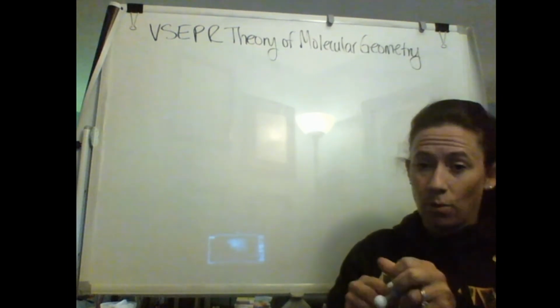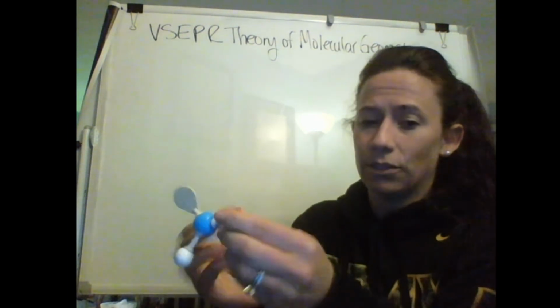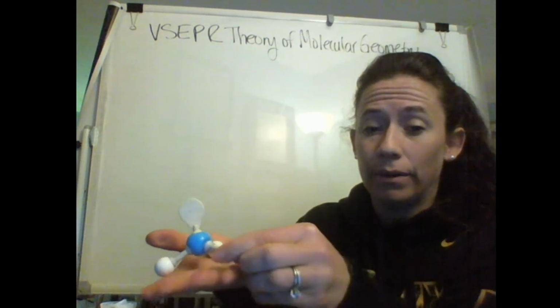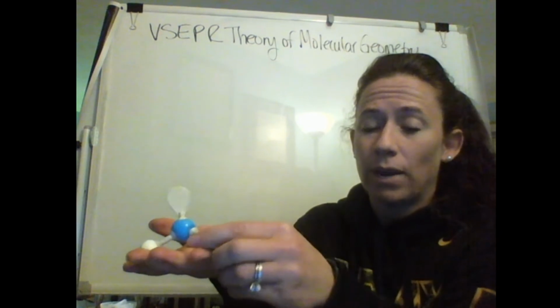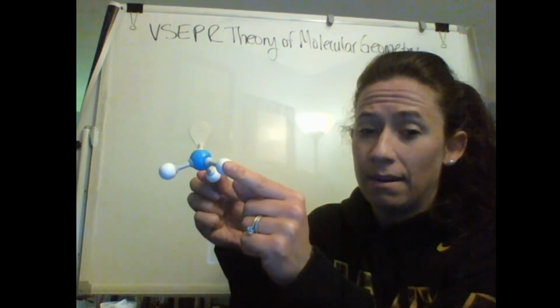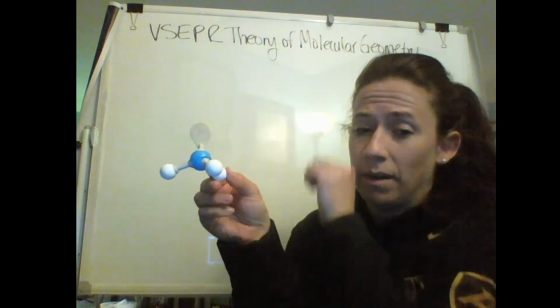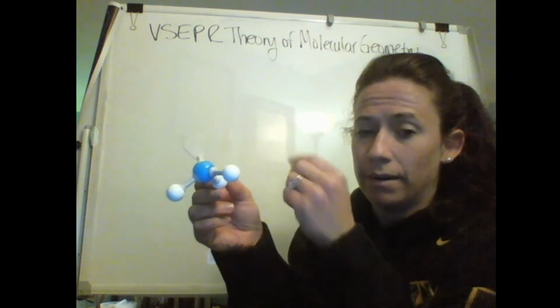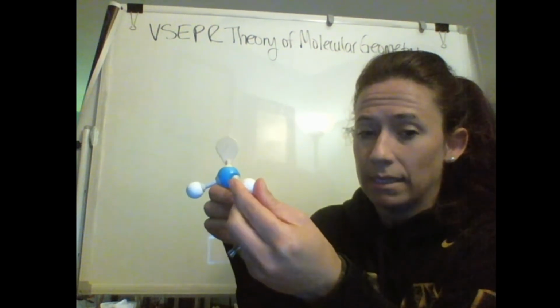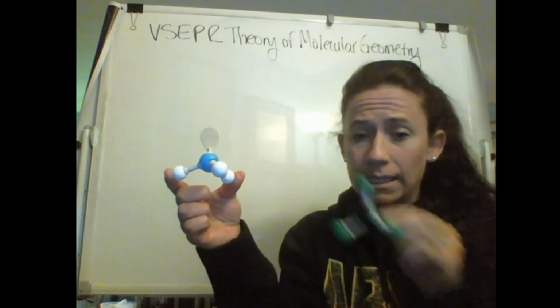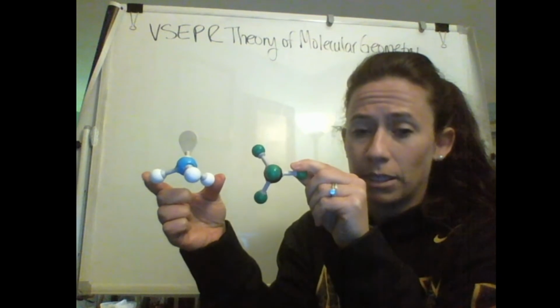Okay, voila. This right here is my trigonal pyramidal molecule. So I have those 3 bonded atoms down at the bottom, but instead of a bond up here at the top, I have a lone pair that's taking up more space than a bonded pair would. So you can see it's very similar in geometry to my tetrahedral.